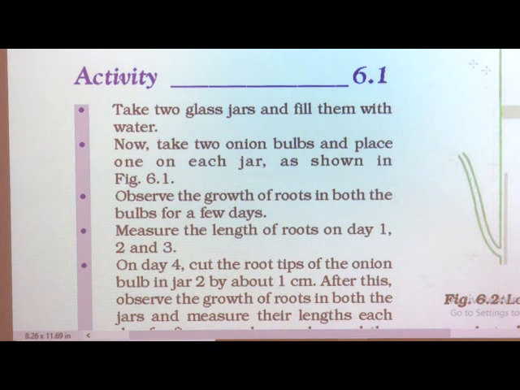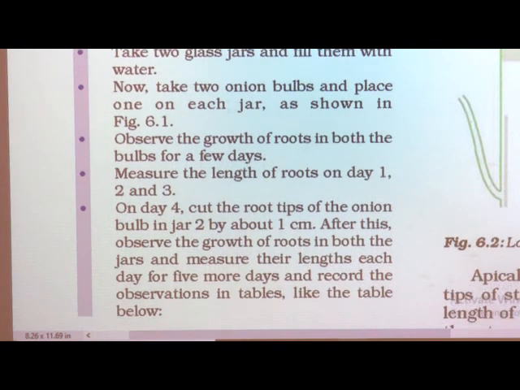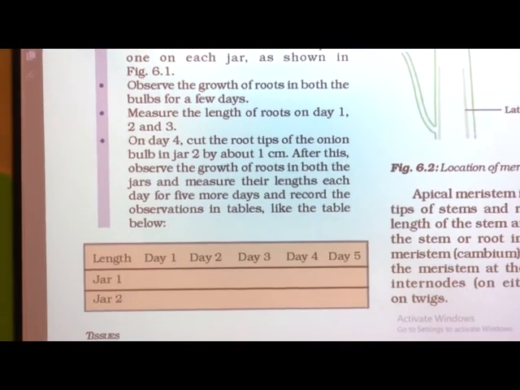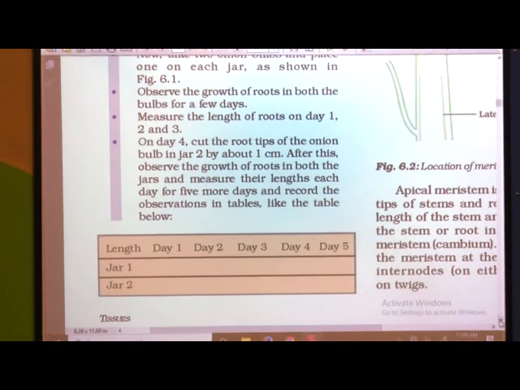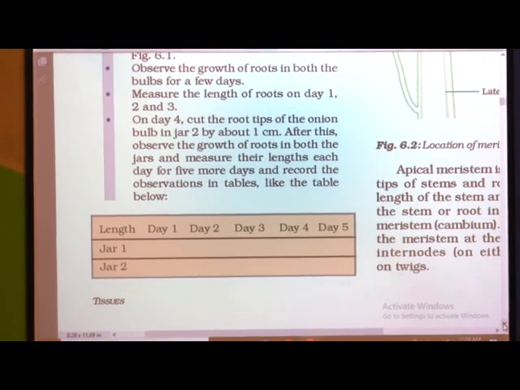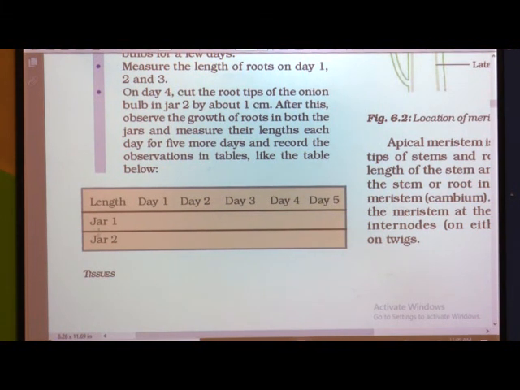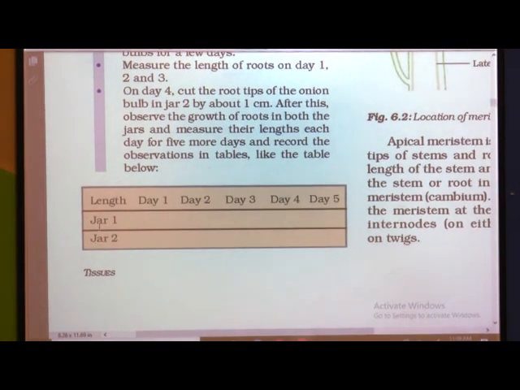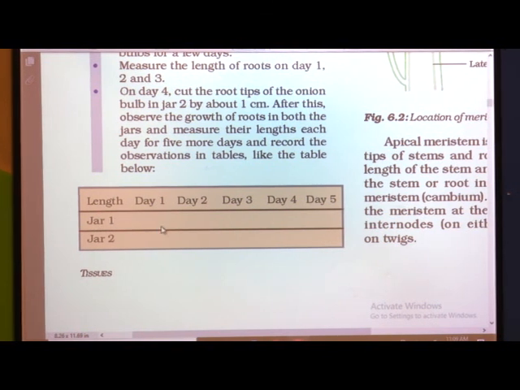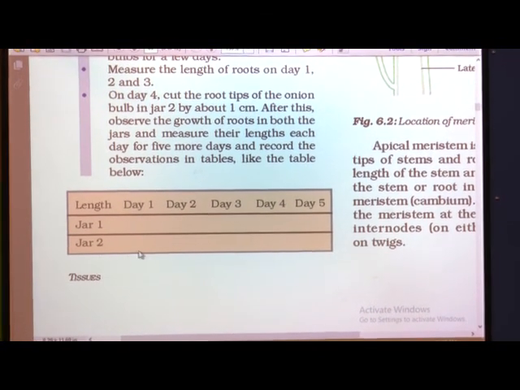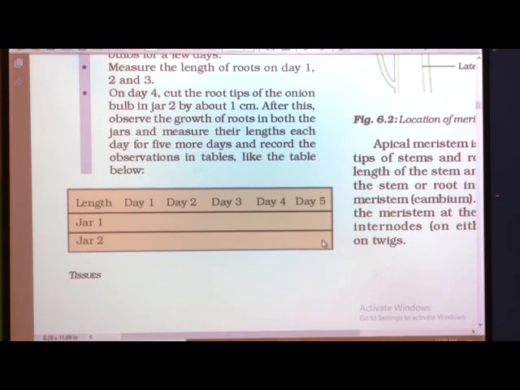After this, observe the growth of roots again in both the jars and measure their lengths each day for a few days and record the observations in a table like the table given below. So, here there is a table given, length in jar 1 on day 1, day 2, day 3, day 4 and day 5, and in jar 2 also for all the 5 days.